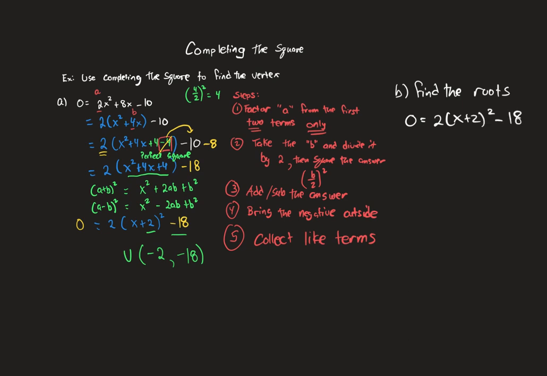This is what we call vertex form. To find your roots, you want to get x by itself. So the first thing I'm going to do is add 18 to both sides. Remember, you always want to do reverse BEDMAS here. You want to get the x by itself slowly but surely. So you're going to have 18 on this side.